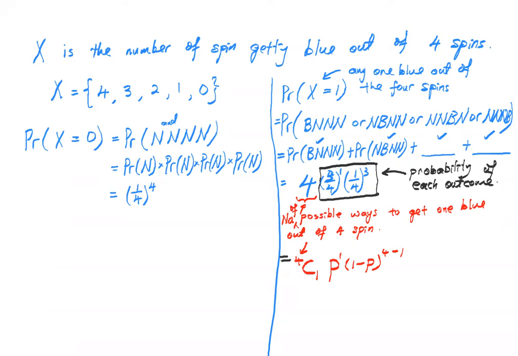Okay, 1 minus p, some books put q. So the first number shows you the number of ways to get it. You get me? Are you okay? So now you should know, because in the exam, okay, can I move to the other one? Okay.